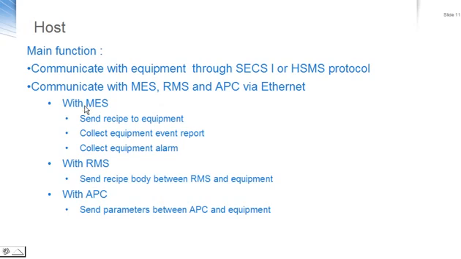With MES, it sends recipes to equipment, collects equipment event reports, and collects equipment alarms. With RMS, it sends the recipe body between RMS and equipment. With APC, it sends parameters between APC and equipment.